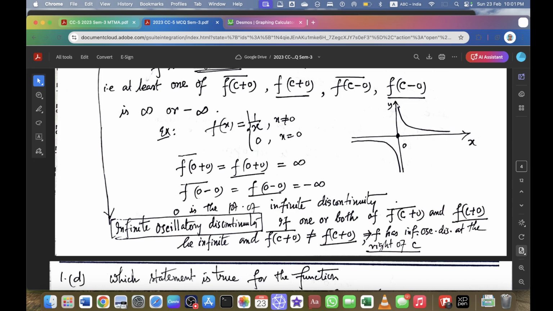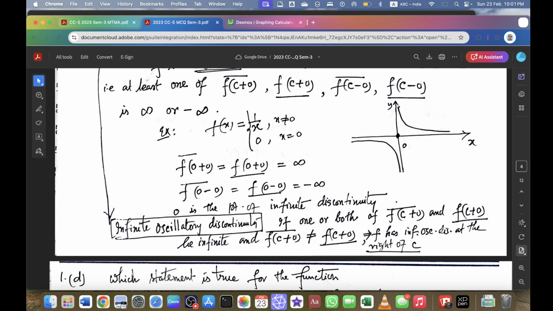And infinite oscillatory discontinuity: if one or both of f of c plus 0 upper bar and f of c plus 0 lower bar are infinite, and f of c plus 0 upper bar is not equal to f of c plus 0 lower bar, then f has infinite oscillatory discontinuity at the right of the point c.